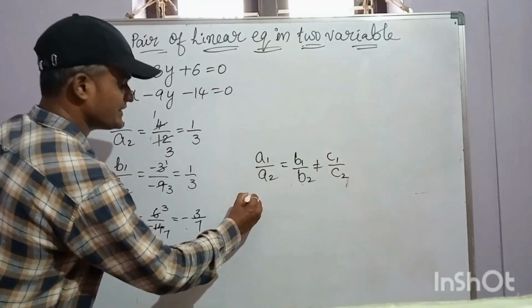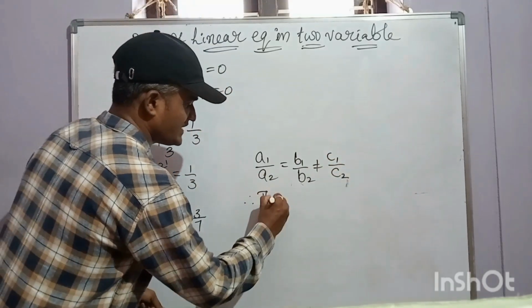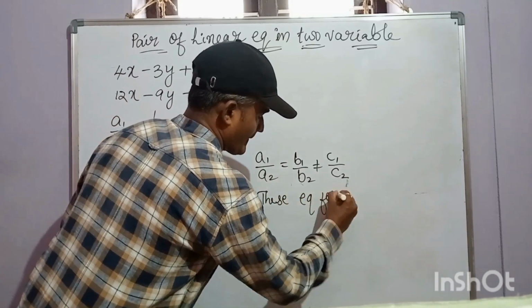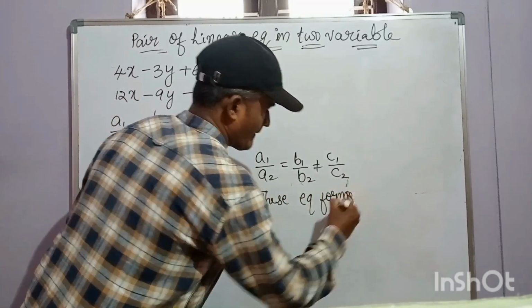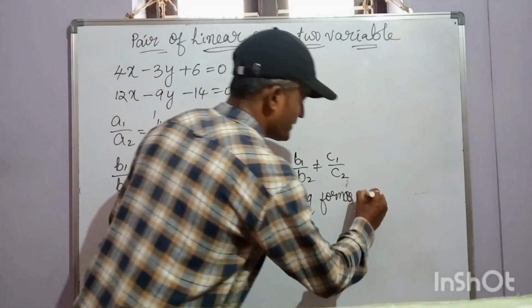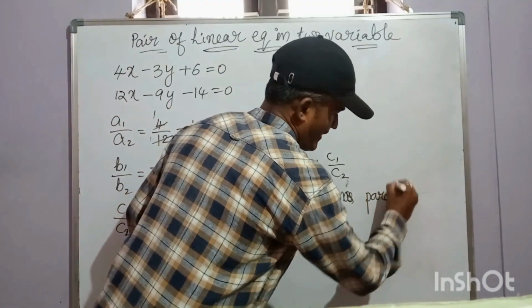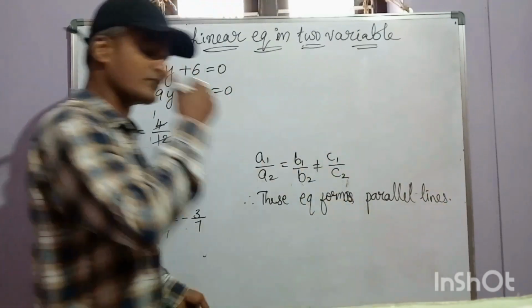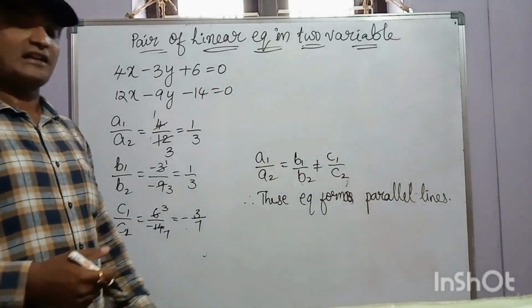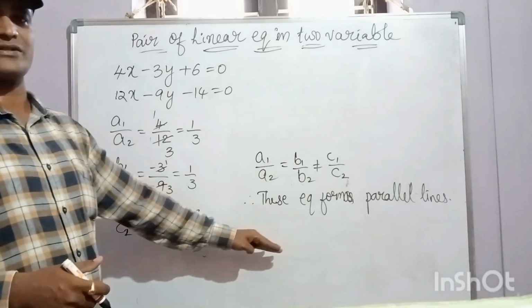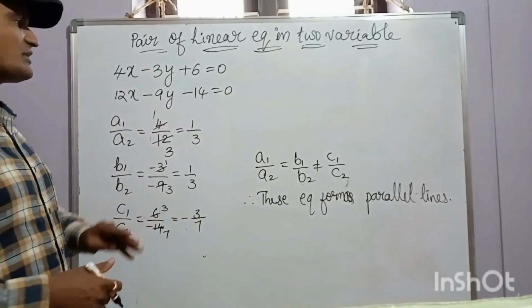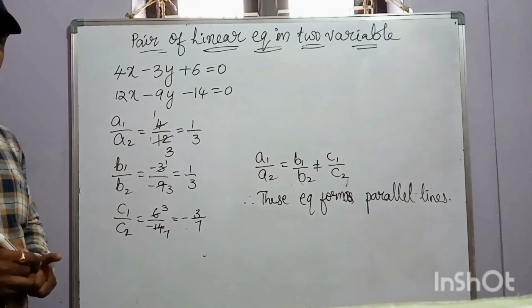That's why these equations form parallel lines. So parallel lines, how many solutions are there? Parallel lines do not have any common solution. Individually they have many solutions, but commonly there is no solution.